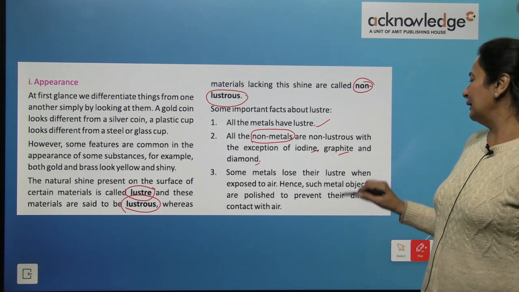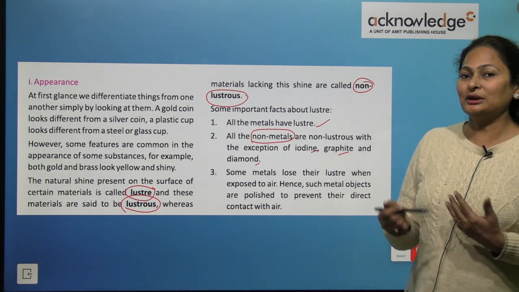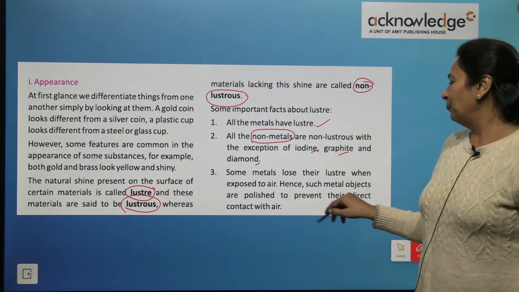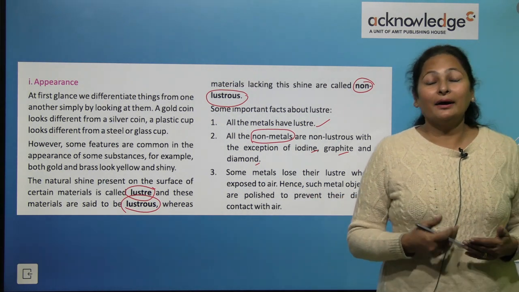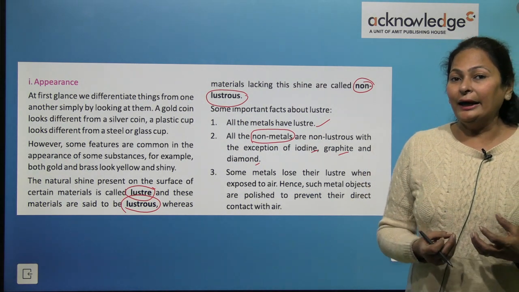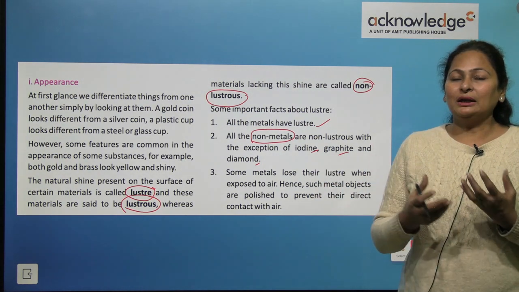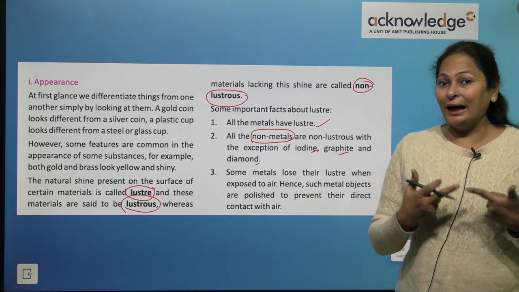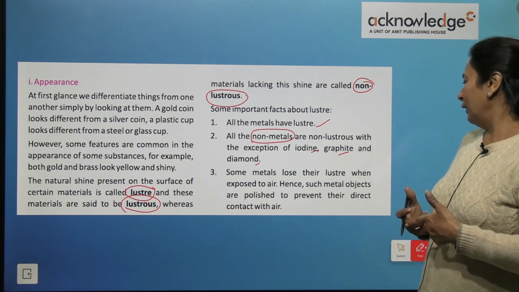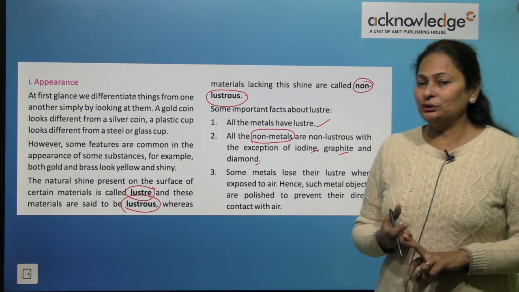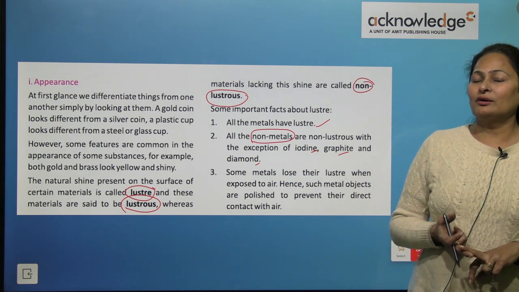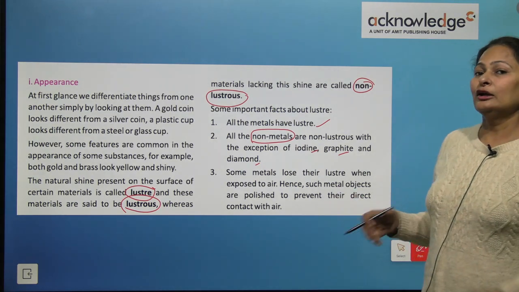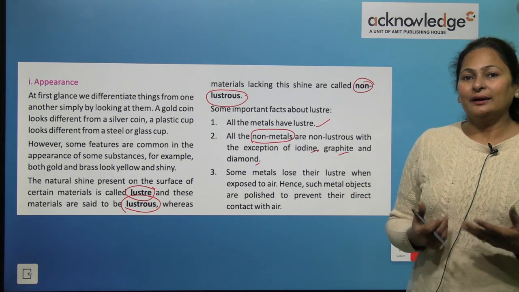Some metals lose their luster when exposed to the air, hence such metal objects are polished to prevent their direct contact with air, right? What happens when we keep metals in the air? The metal reacts with the air, or you can say the moisture. Moisture, you all know, is water vapor that is present in the air. When it reacts with the metal, it loses its luster, right?